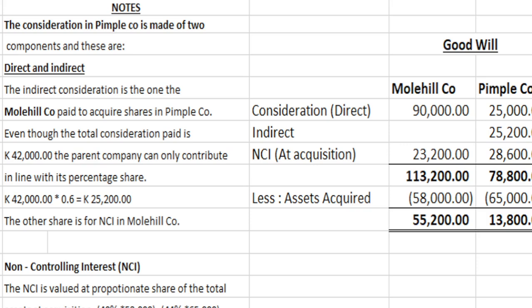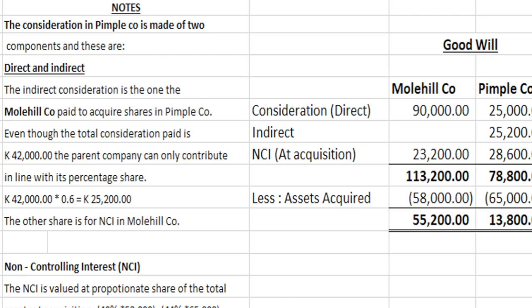So if you calculate 40% times 0.6 that was bought in there, it was 24%. So the NCI in this 60% has 24%. So 24% plus the other 20%, which is now remaining, is what gives us 44%. So the total NCI in Pimp Company is 44% times 65,000 kwacha, which gives us 28,600 kwacha.